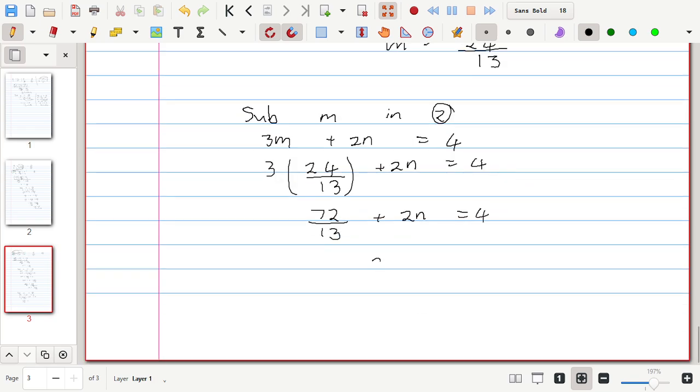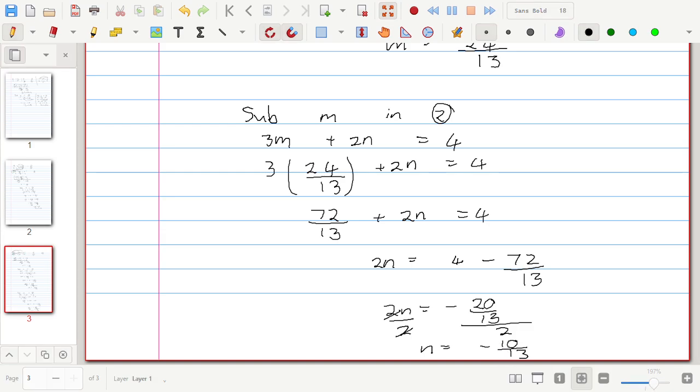Let's solve for n. 2n is equal to 4 minus 72 over 13, that would give us negative 20 over 13. Divide this by 2, and divide this by 2. The value of n turns out to be negative 10 over 13. We have the value of m, we have the value of n, we are done.